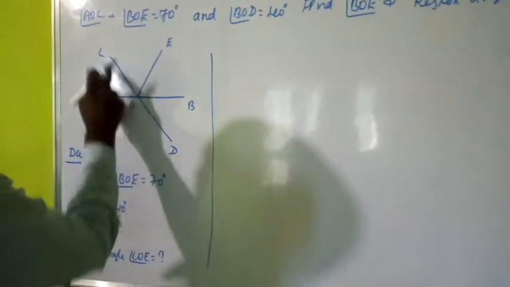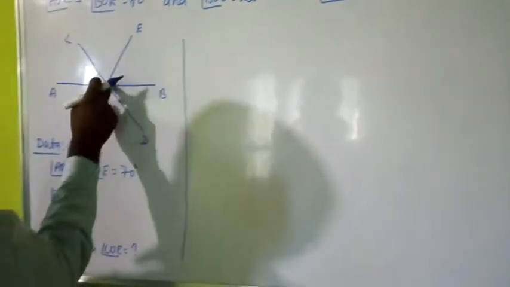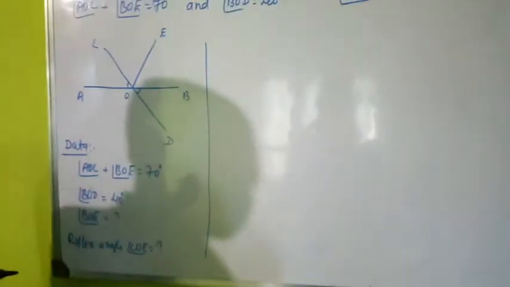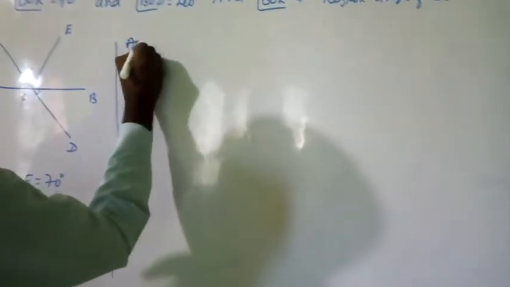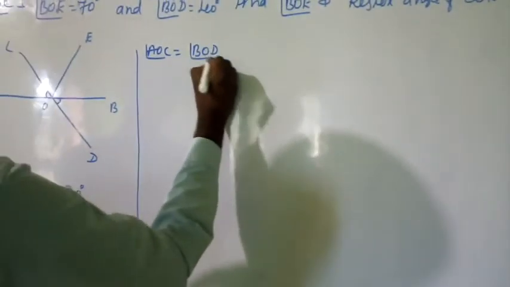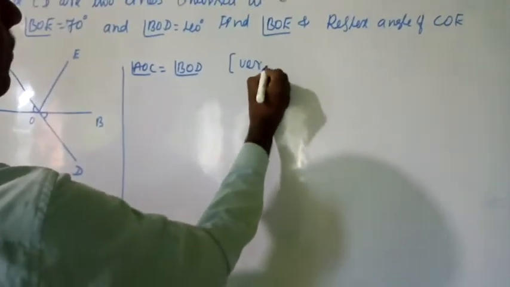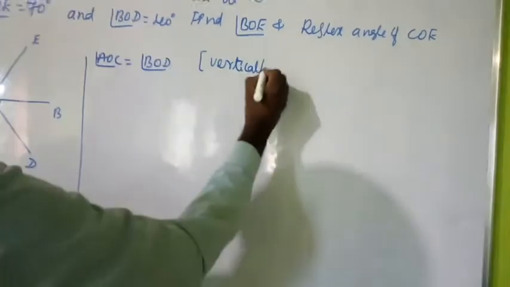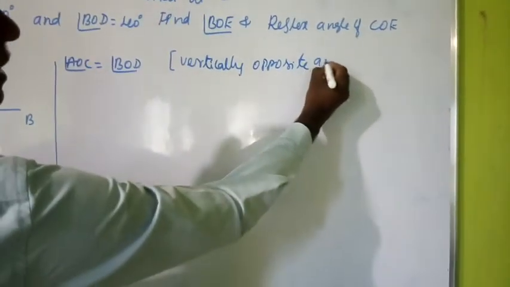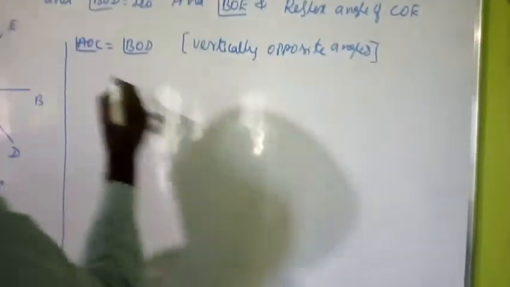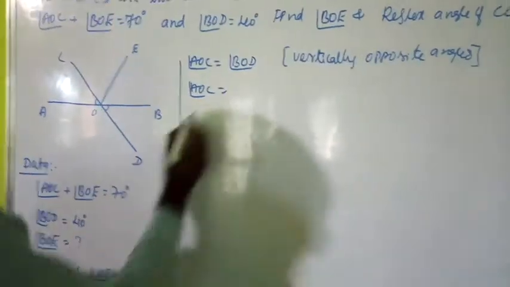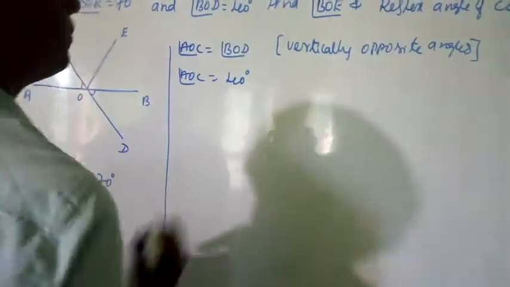Angle AOC and angle BOD are vertically opposite angles, right? So angle AOC is equal to angle BOD, which is 40 degrees.